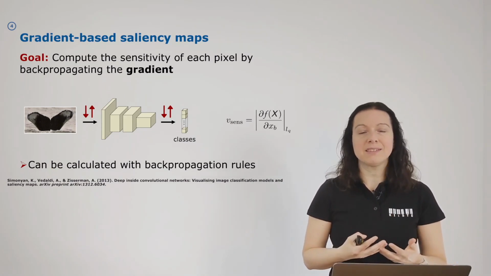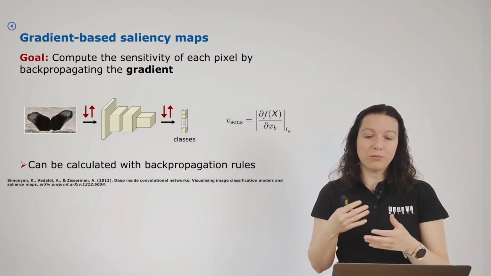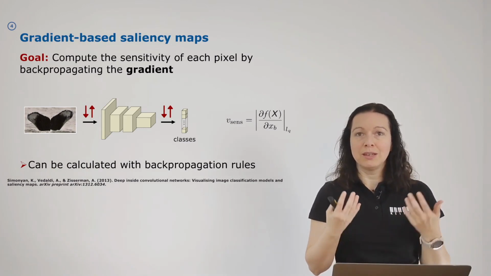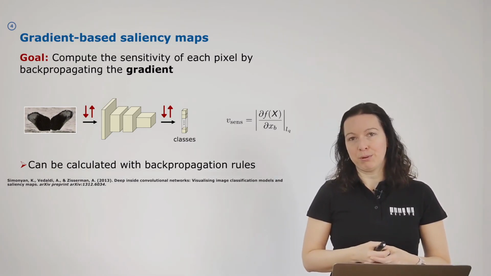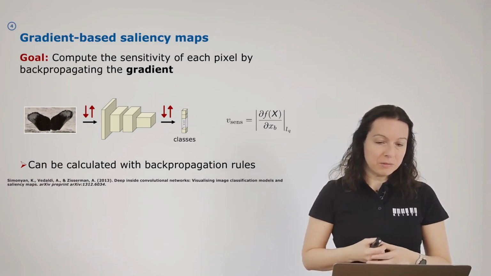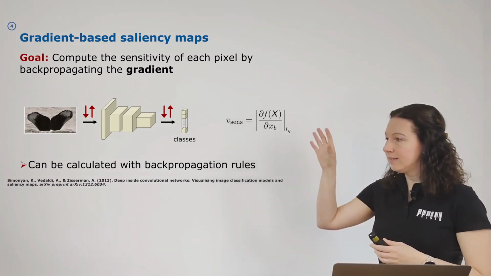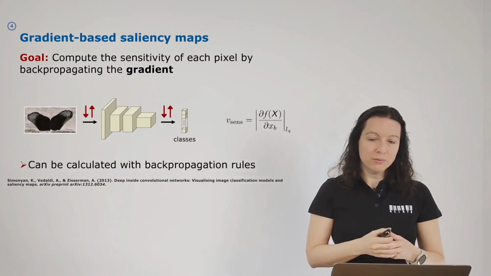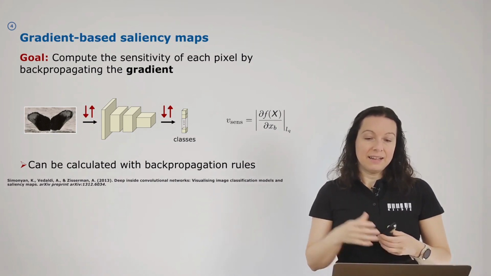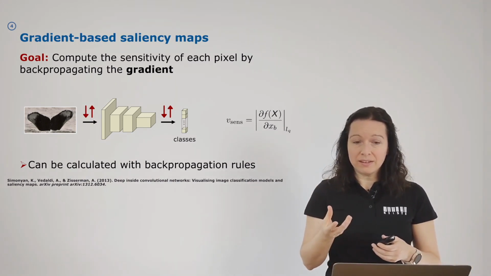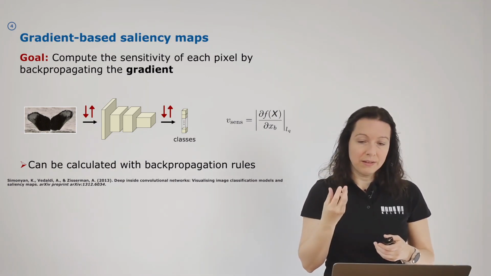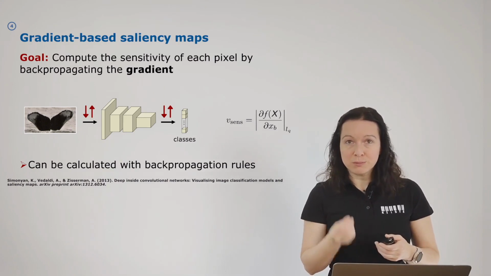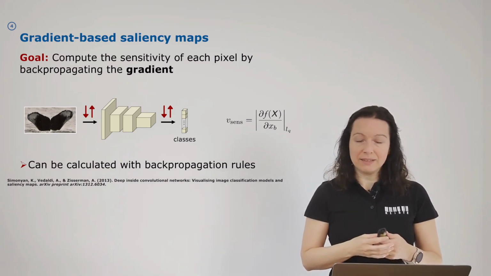So gradient-based saliency maps are one of the first pixel attribution approaches, and it's quite simple if you already know backpropagation. So what you can see here is the equation we use for this approach, and this is nothing else than the gradient of the output with respect to a multidimensional pixel x.